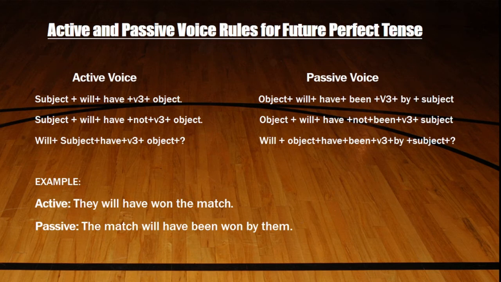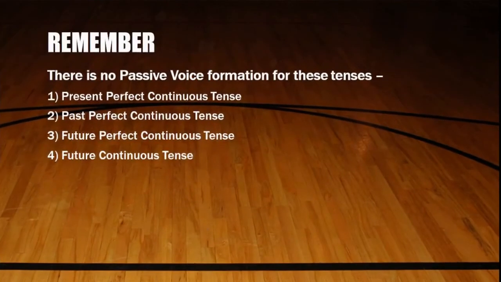What is the example? It's like, they will have won the match. So when you convert it to passive voice, it becomes, the match will have been won by them. Right? Now there are a few things to remember, children. There are certain cases where there is no formation of passive voice.